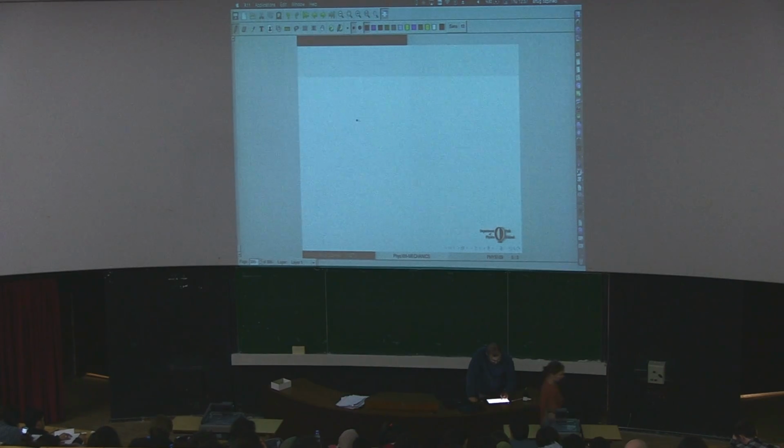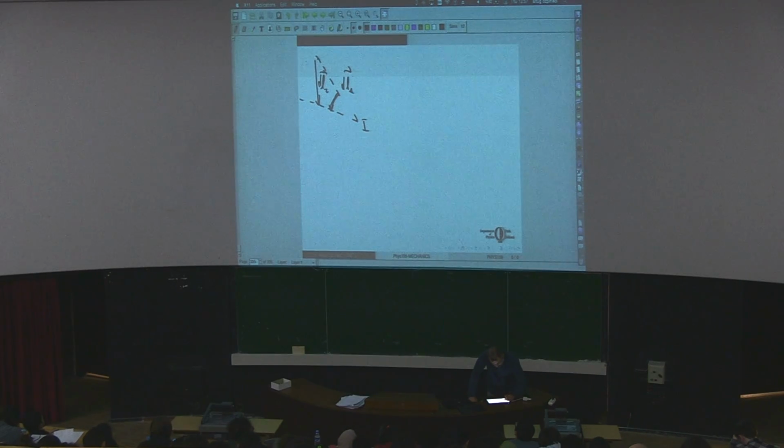So this is where my current is. This is where dl1 is. It is this vector. This is where I have dl2. And this is dl1, dl2 perpendicular.